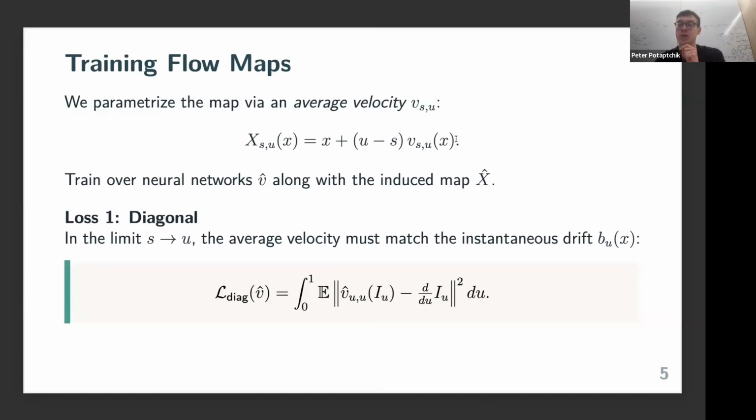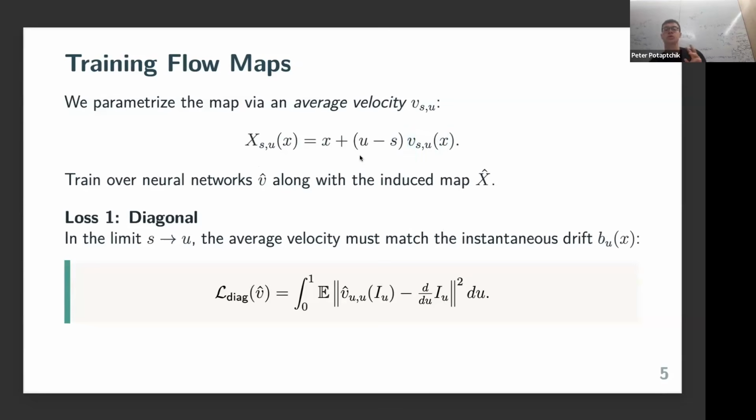And v_{s,u} here represents the average velocity of my trajectory if I start at x at time s and go to time u. So now we're just going to parameterize v with a neural network and try to learn the correct v hat and the induced flow map x hat.